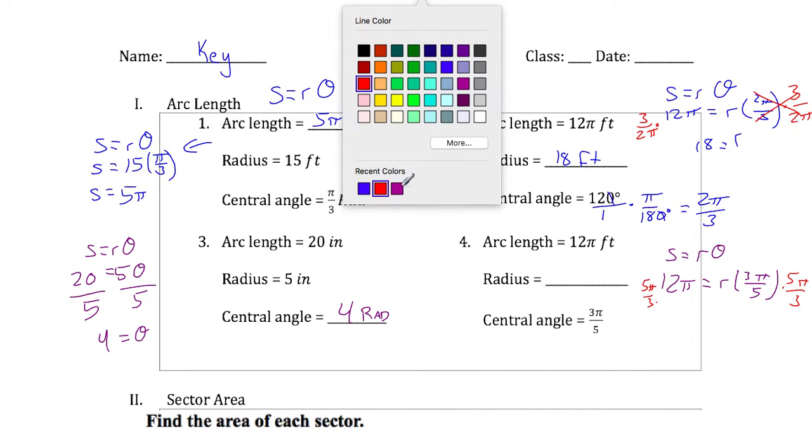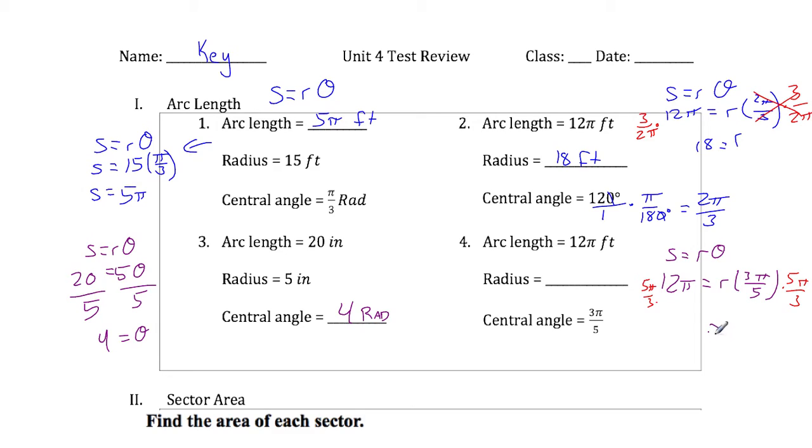And what this does is it isolates the variable r, because this cancels out. That should be 5 over 3 pi.